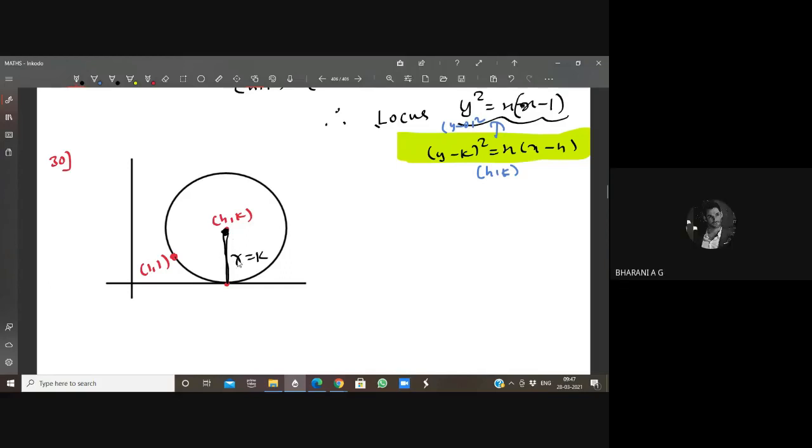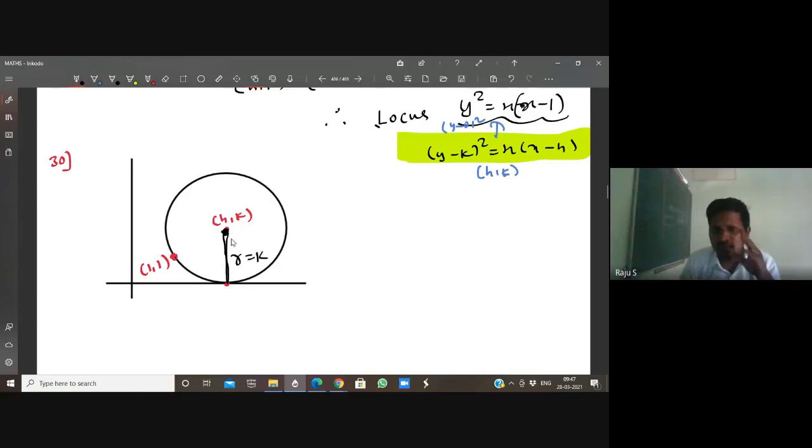Did you get my point? If it touches the x-axis, take the radius as the y coordinate. If it touches the y-axis, take the radius as the x coordinate. And if you draw the diameter, this is one point. Let us consider one point, and I draw the diameter passing through the center. Then they are asking for the locus of the other end. The other end you can take as x1 comma y1.